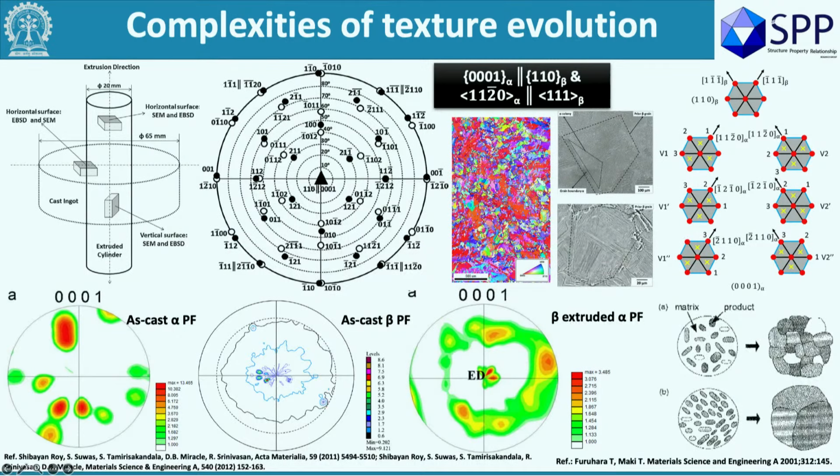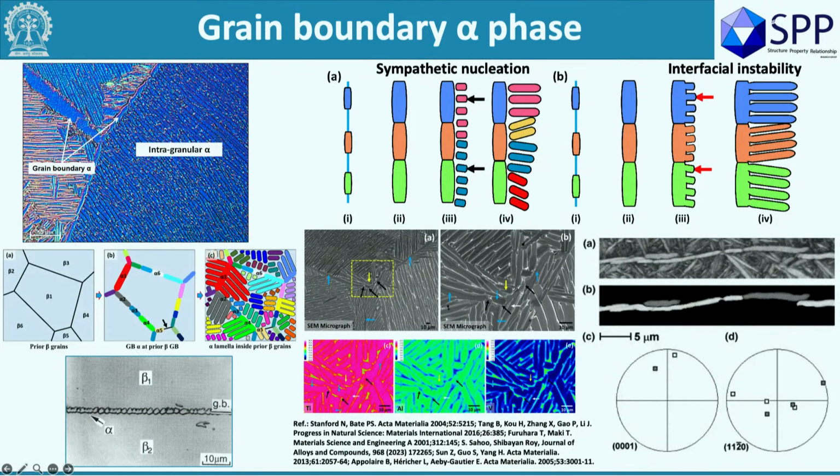But believe me, all 12 of them never form with equal probability. Only a few of them always get a preference. And of the ones forming, some enjoy a growth advantage, grow larger and bigger, and finally influence the texture. That's the connection. Now how it happens is a very complex process.